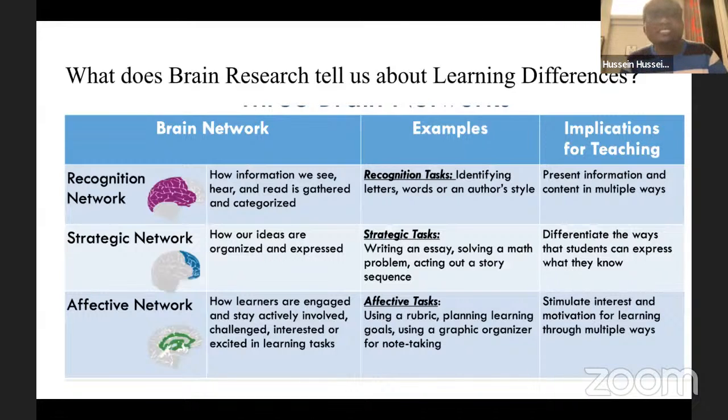So strategic task, kwa mfano writing an essay, solving a math problem, acting out a story, a sequence. Nitakapopanga mimi namba moja sio atakapopanga mwingine namba moja. Tuna huo tofauti. Strategic network. Sasa how this network can be linked with UDL and in our daily teaching process. So as a teacher, you should differentiate the ways that the students can express what they know.